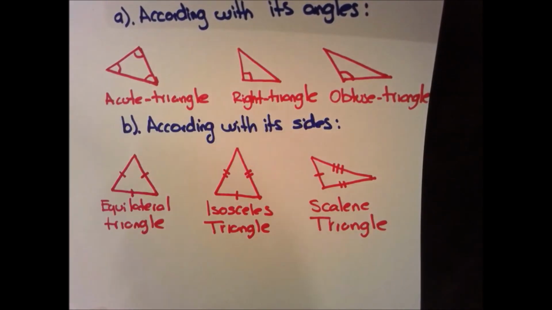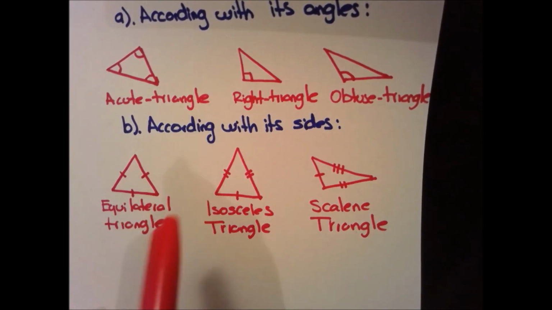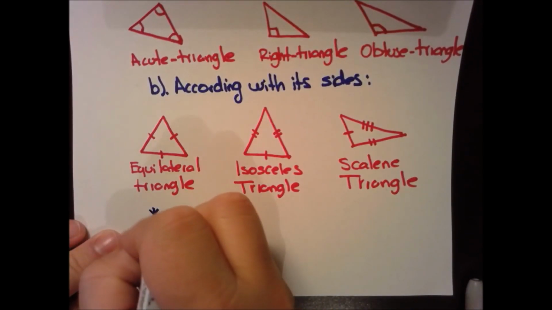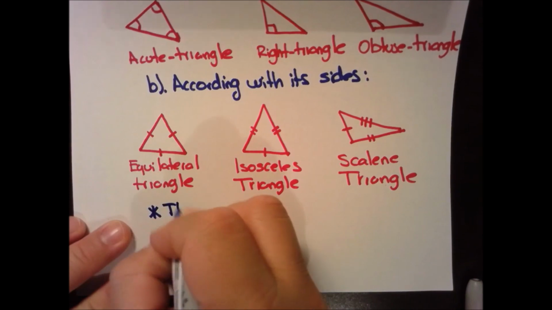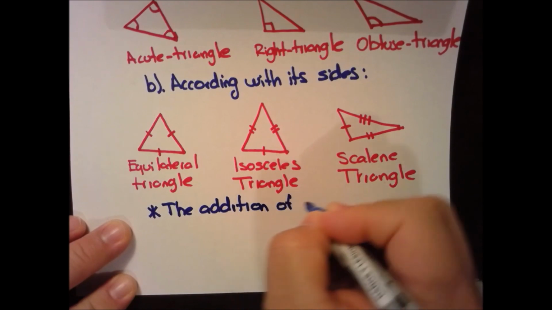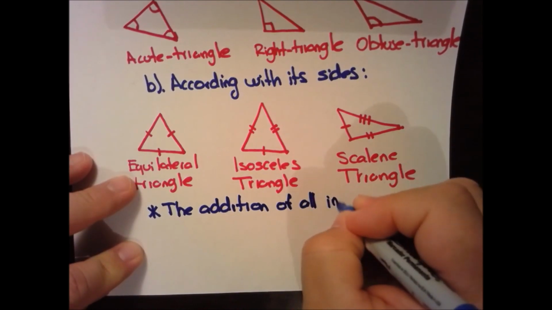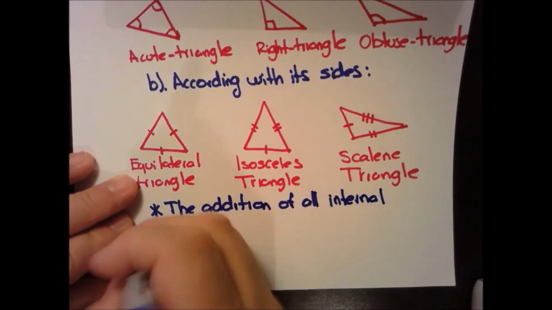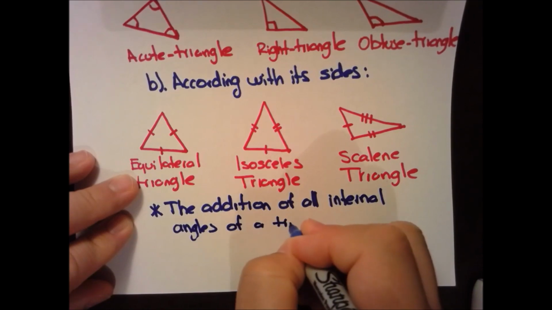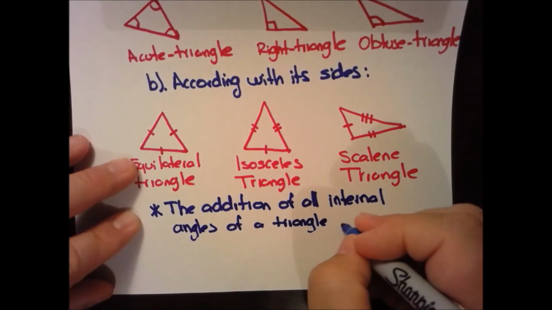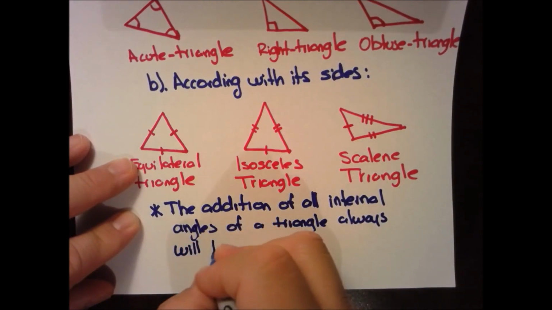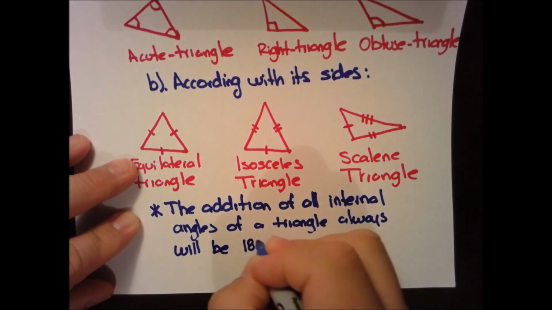Okay, and another important thing that you should know always is the addition, and we're going to write over here. This is another characteristic very important, is the addition of all internal angles of a triangle always will be 180 degrees.